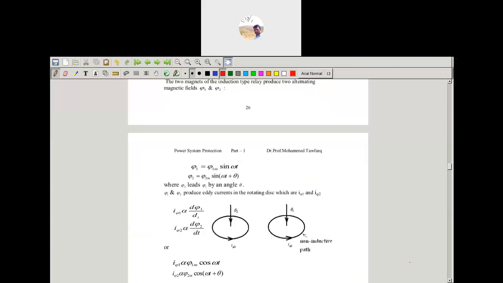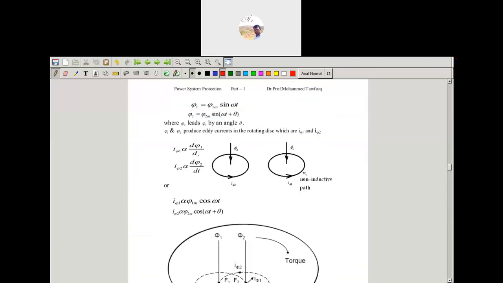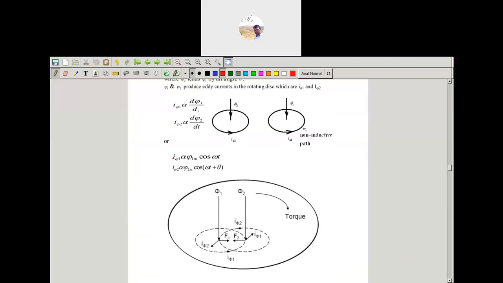Due to the current flowing in the rotating disc, you can see how much torque is produced. Based on the torque, there will be variations, and the phi 1 and phi 2 variations try to rotate the disc. Here I1 is directly proportional to phi 1 cos omega t, and I2 similarly.